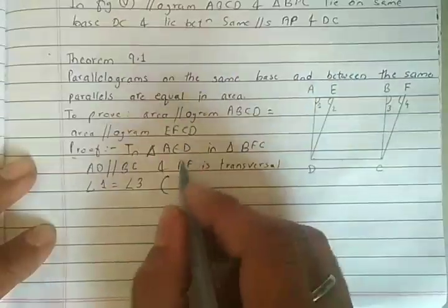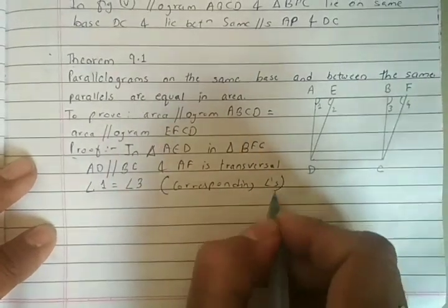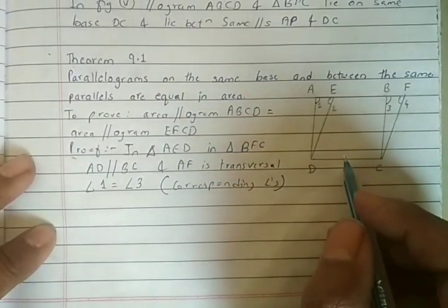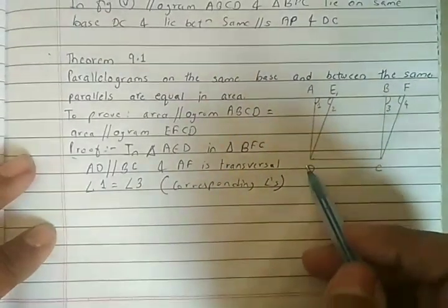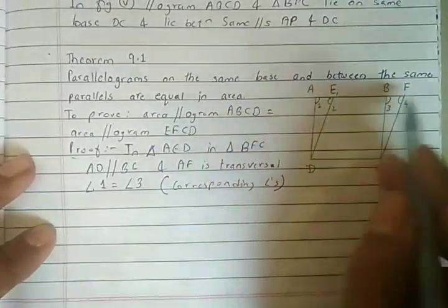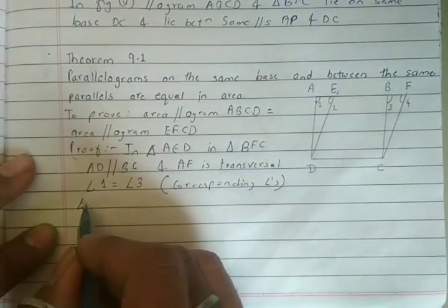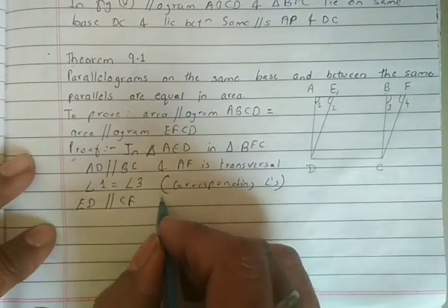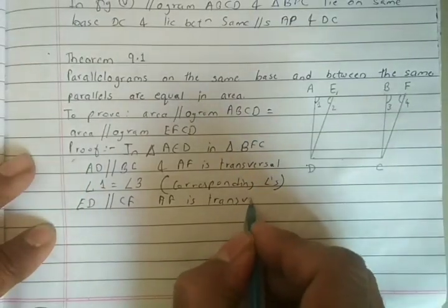Because they are corresponding angles. Now AF is a transversal, so ED is parallel to FC, where AF is transversal.